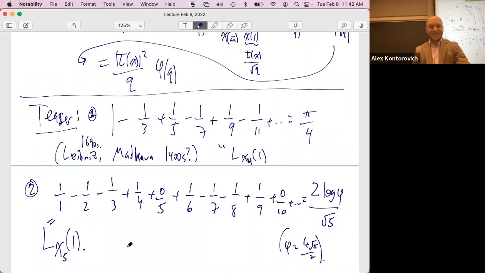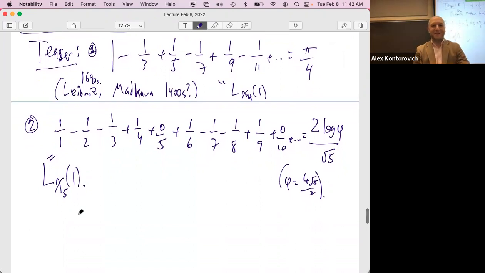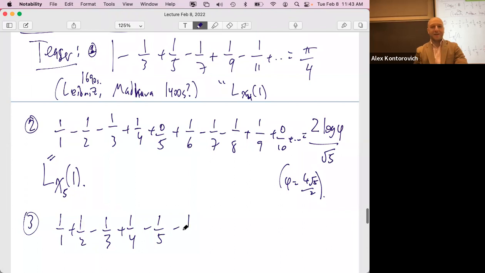I'll just give you the last one. 1 plus 1/2 minus 1/3 plus 1/4, and so on. What about the sequence of pluses and minuses? 1 and 4 are the only squares mod 5, and 2 and 3 are non-squares. Mod 7, 1 is a square, 2 is a square, 3 is not, 4 is a square, 5 is not, and 6 is not.